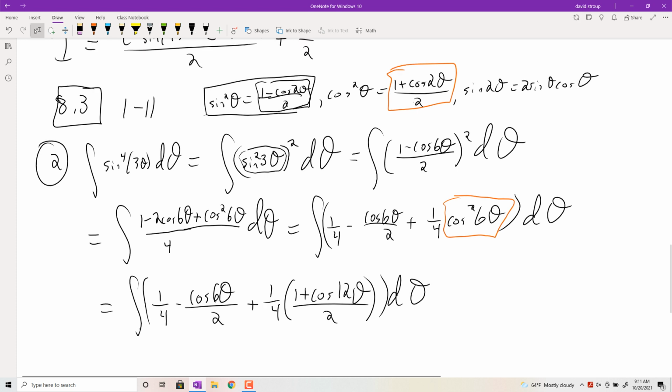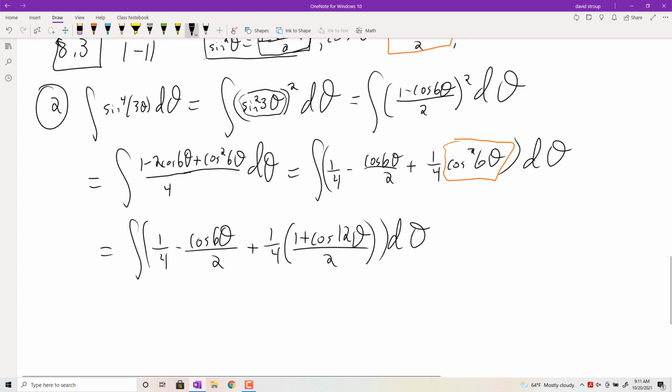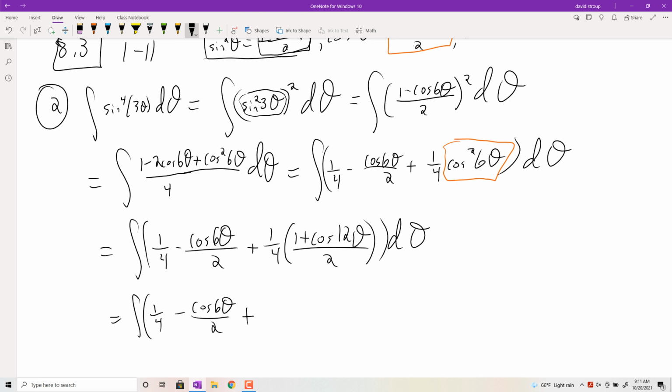I'm going to combine like terms before I get carried away and start integrating. So I have 1/4 minus cosine of 6 theta all over 2. If I separate this 1 plus cosine 12 theta over 2 into 2 parts, and then multiply by the 1/4, I'll have 1/8 plus 1/8 cosine of 12 theta d theta.